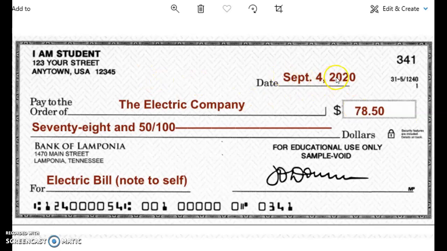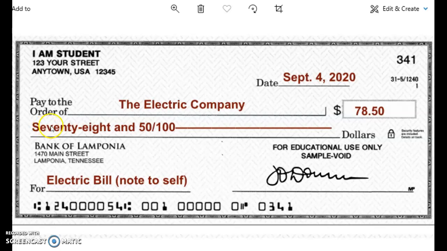So you fill in the date, and this one is going to the electric company, and I just made up the amount, $78.50, and it was important that I had some change, because after the decimal place, that is going to be the number that's in a fraction over 100. So $78.50. So we come over here and we say 78, and the "and" goes where the decimal place goes.